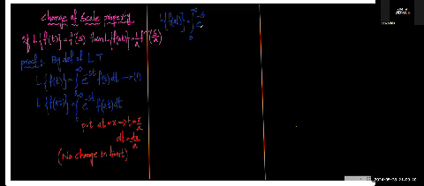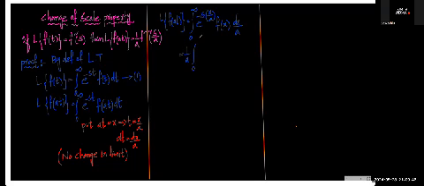What is t? t is x by a, no? x by a into f of at, at is taken as x, into dt value. dt value is dx by a. Now a is a constant, pulled out, 1 by a outside.